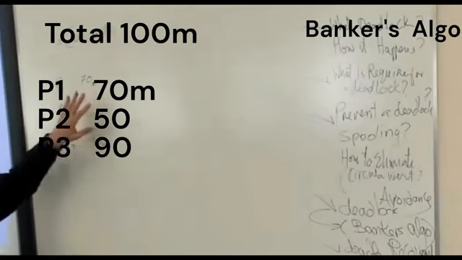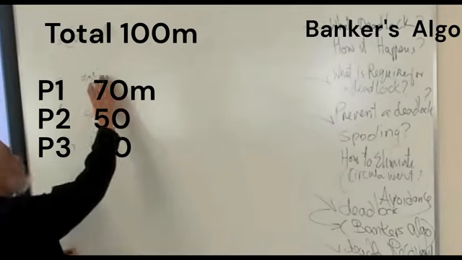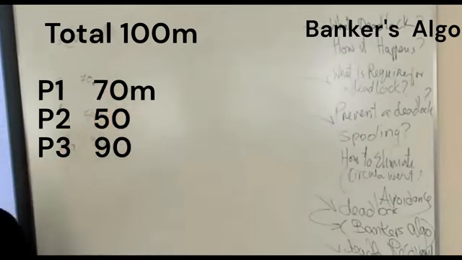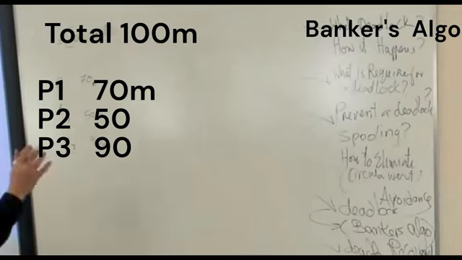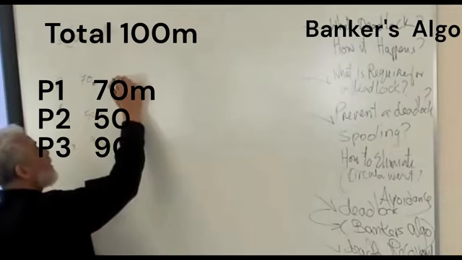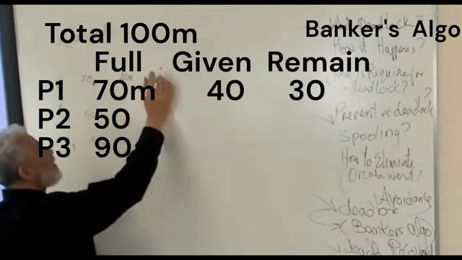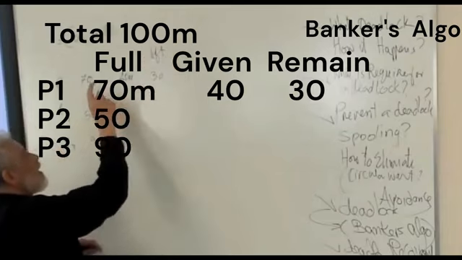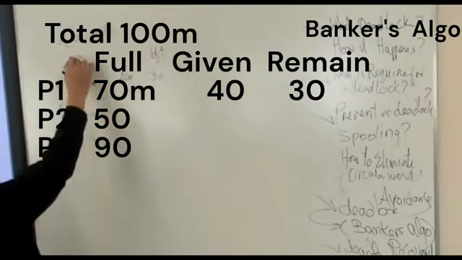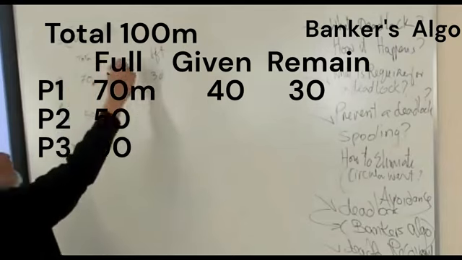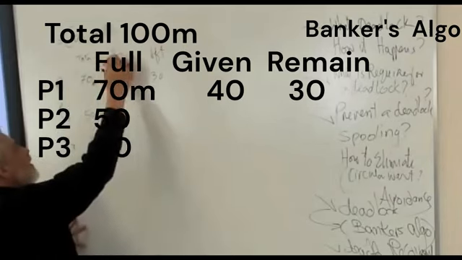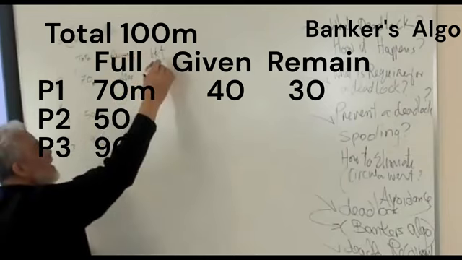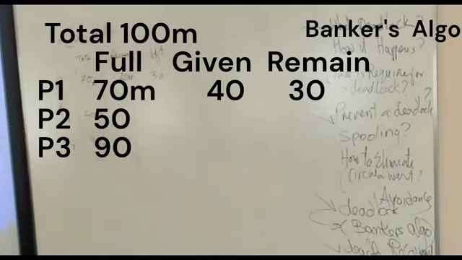So, let's say this guy got the loan 6 months ago, we approved it, bought the land, got 7 million, 12 or something like that. So at this stage, we already gave them 40 million. And how much is still left? 30. So this is the total required, this is what they already received, and this is what's left to finish the loan.